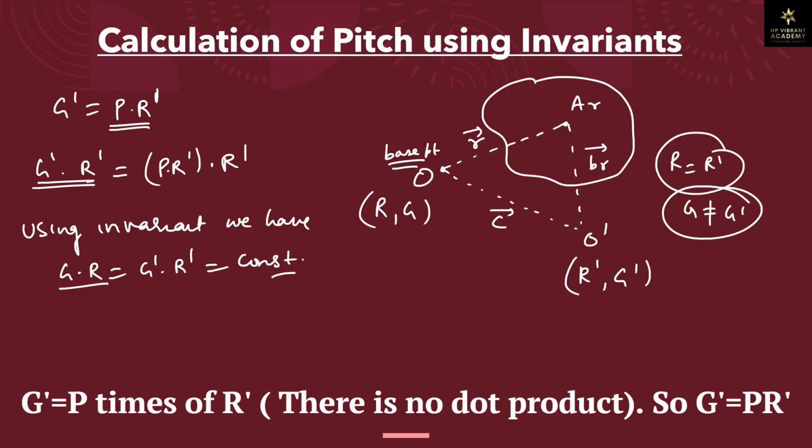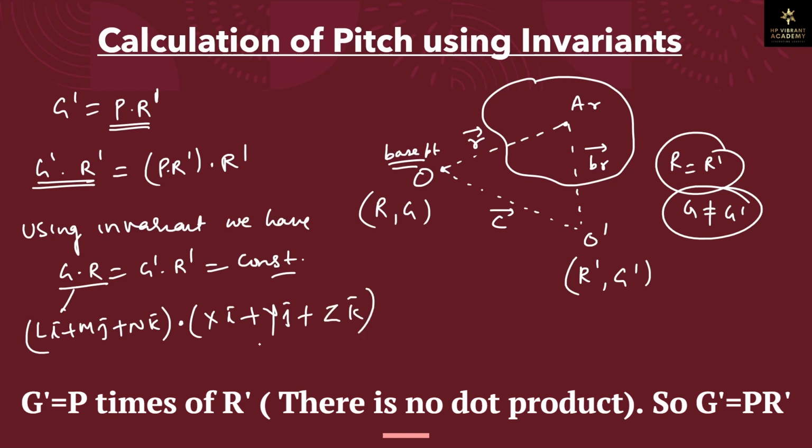Okay, so G dot R we can write as, G we can write as Li cap plus Mj cap plus Nk cap, and R we can write as Xi cap plus Yj cap plus Zk cap, taking the dot product. This is equal to pitch times of, let us further simplify this.